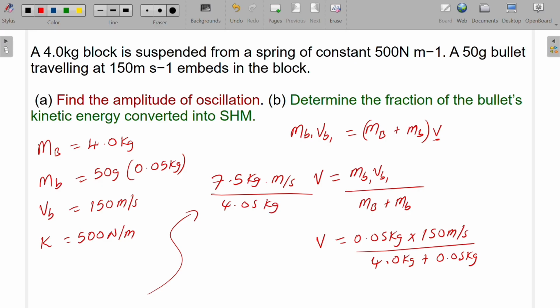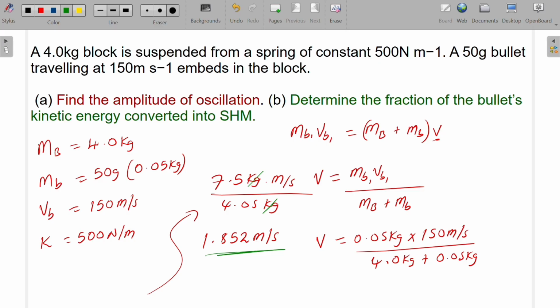And when we do our division here, according to my calculator, we are getting a speed of 1.852, to 3 decimal places, and this will be in meters per second. The kg and the kg will go, the unit that will remain is meters per second, and this is the speed at which the system will be moving at.